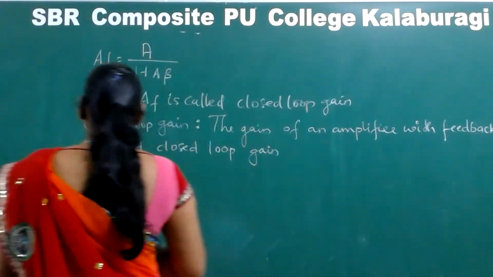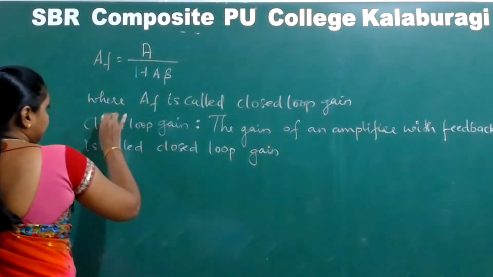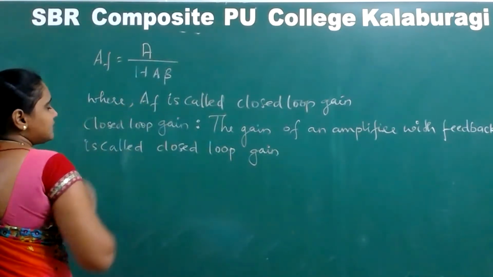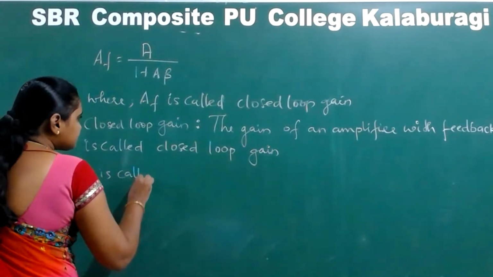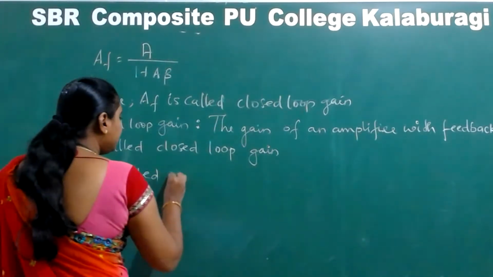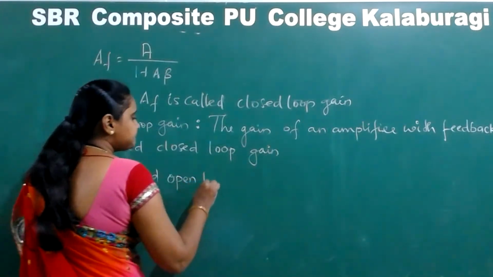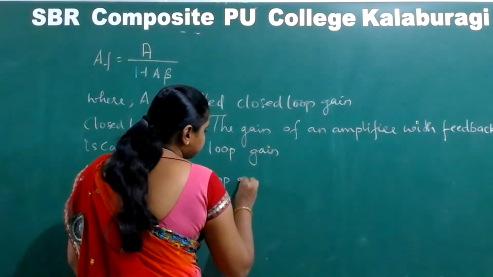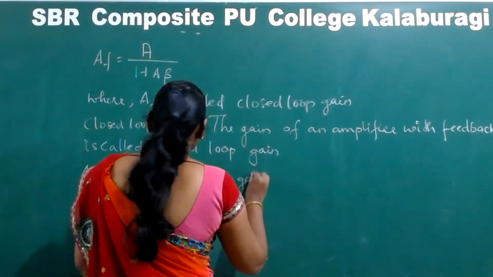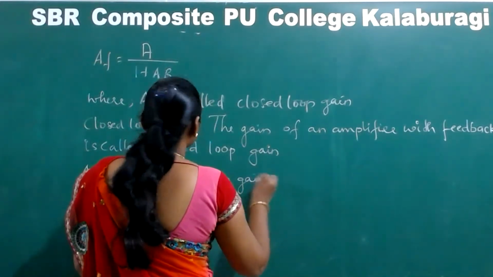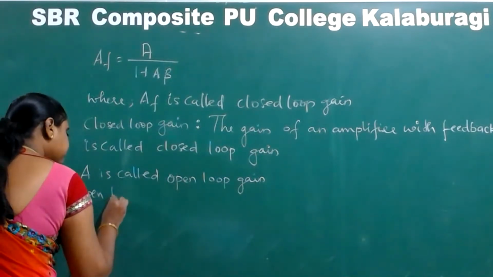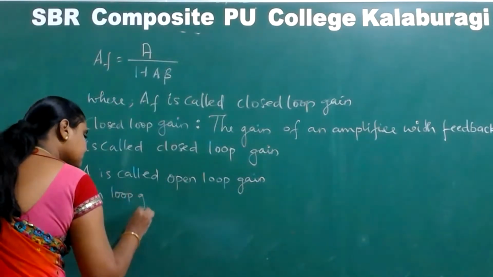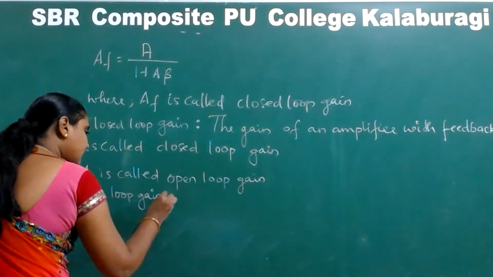Next, where AF is called closed loop gain, A is called open loop gain. And how is open loop gain defined?